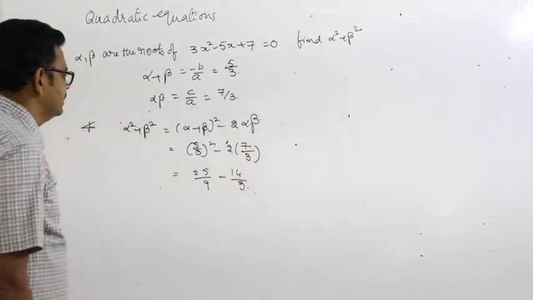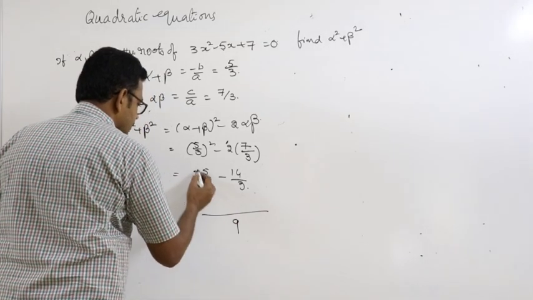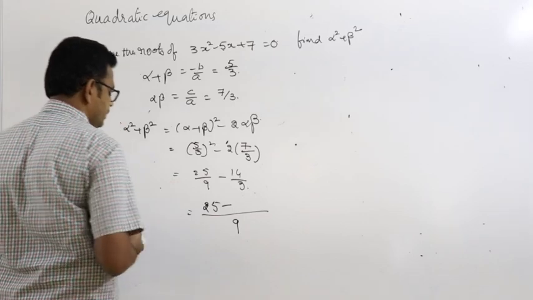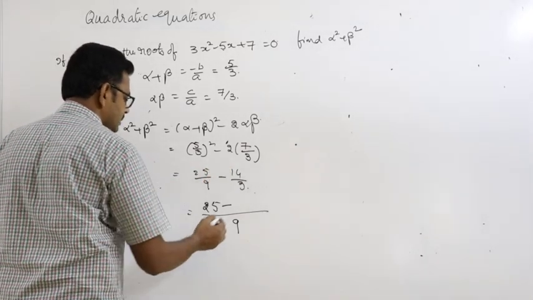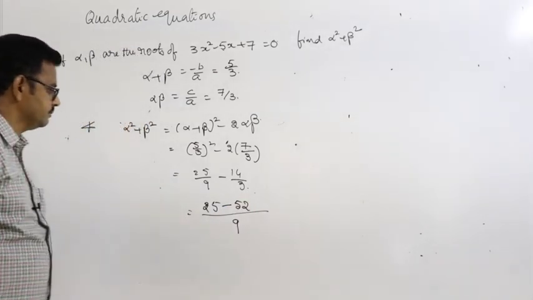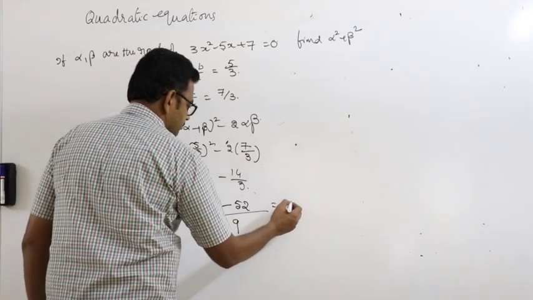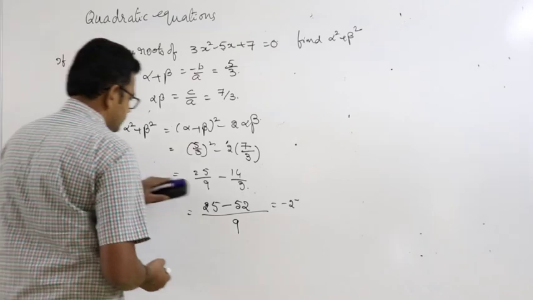By taking LCM, this is 9 LCM. So this is 25 minus 14 threes are 42.